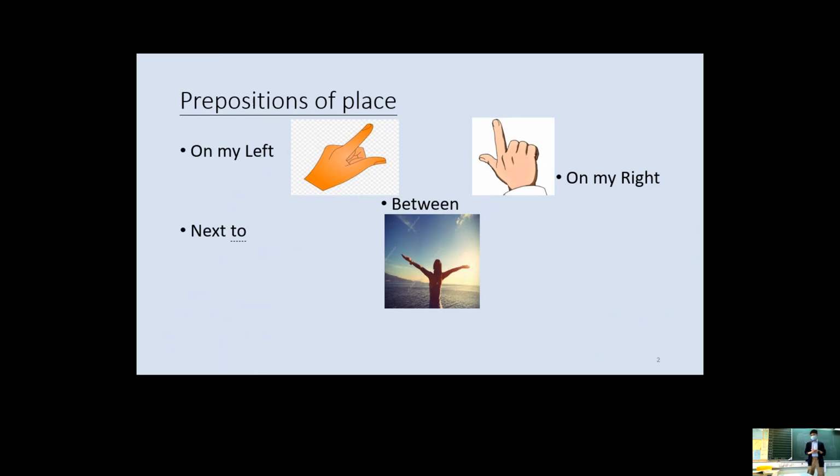So what should be the answer? So if you picture this in this classroom, for example, so Jason will be this one, and Kim will be this one.